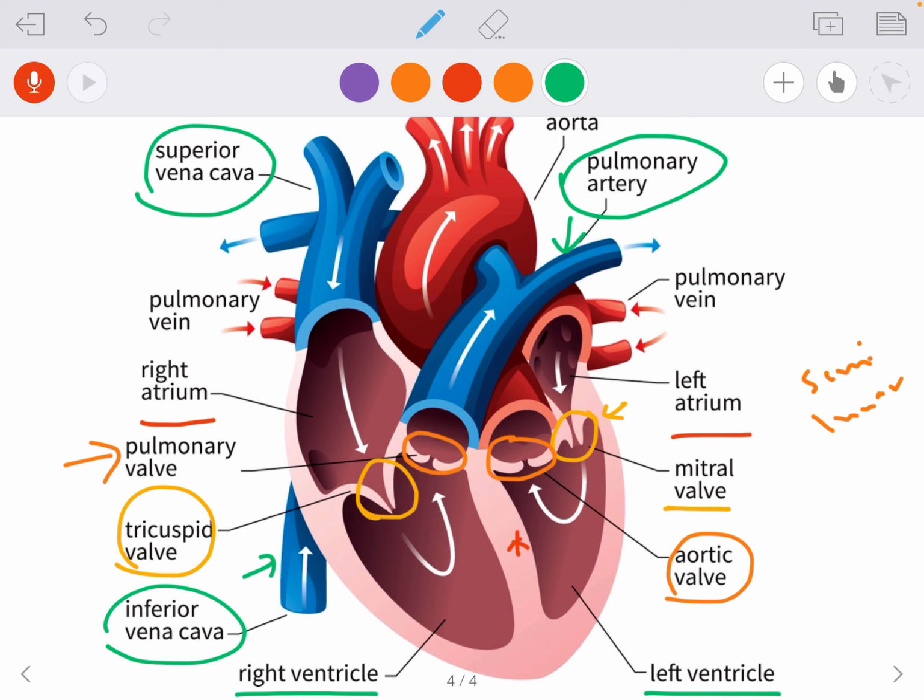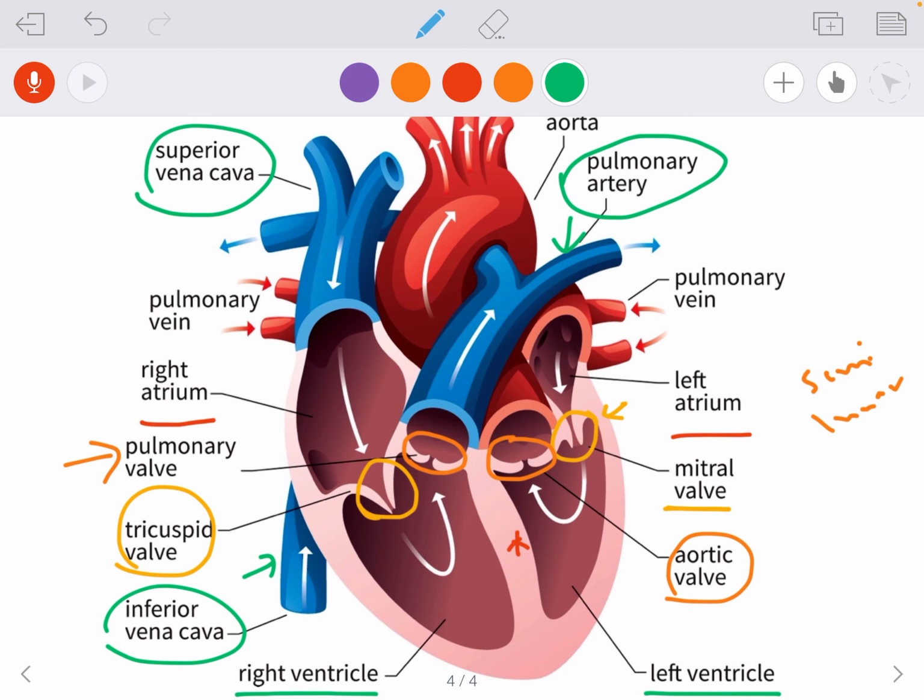It's because pulmonary artery, by the way, is the only artery that carries deoxygenated blood from the heart toward the lungs, in order for gas exchange to happen, for CO2 to be removed and oxygen to be supplied into the blood.